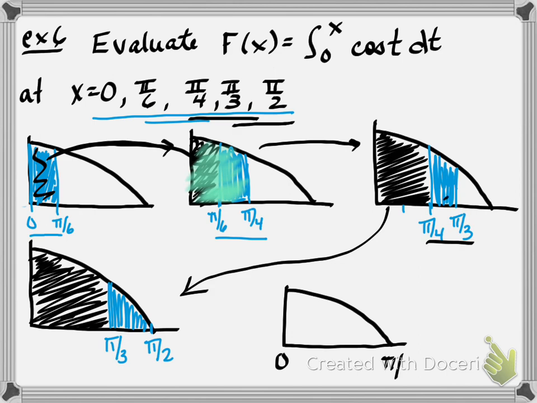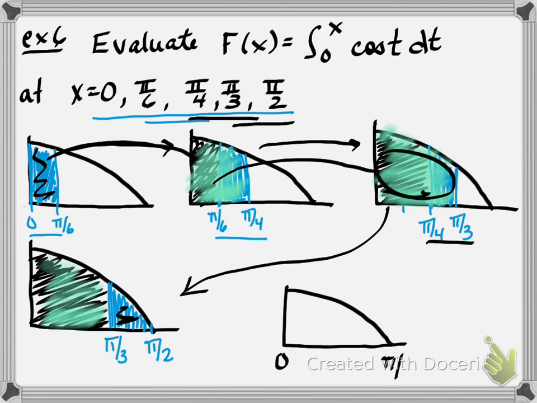And then we found this area, and we took all this area and added it over here, and now we have this complete area. And then we found this area, and we added all of this right here, and now we know the full area between 0 and pi over 2. So that's an accumulating idea, how we're adding it up and accumulating the areas.